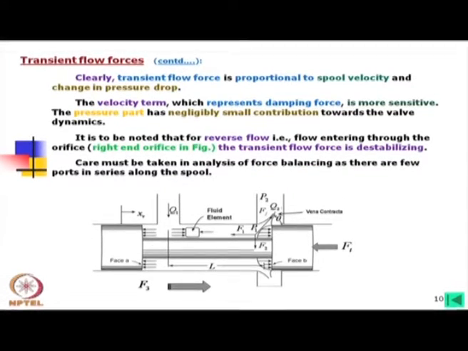Care must be taken in the analysis of force balancing, as there are a few ports in series along the spool. Here we are considering one input, which always remains open, so there are no jet angles and other things; the oil comes straight in from the left-hand side, and we have considered only one port on the right-hand side and then analyzed the force.